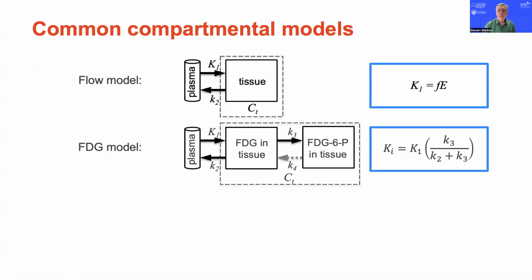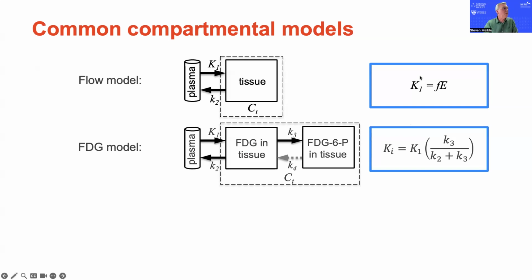The other common model is the 2-tissue compartment model for FDG. We use this 2-tissue compartment model for describing other tracers as well, but the really common one is FDG. It's a tracer that's used for a lot of different types of PET studies. So I'll talk a little bit more about this model later.